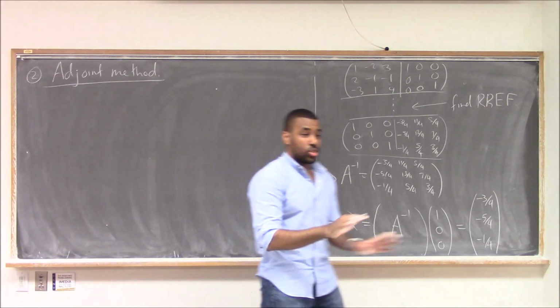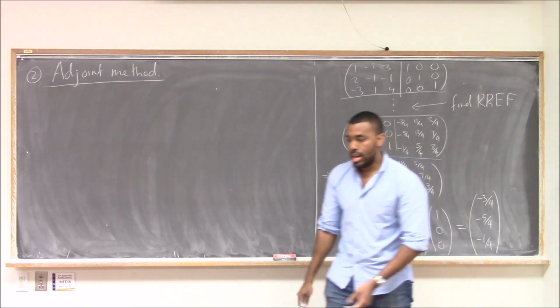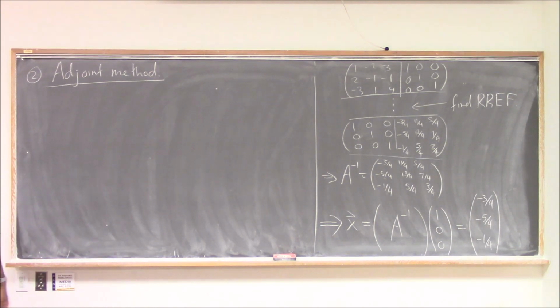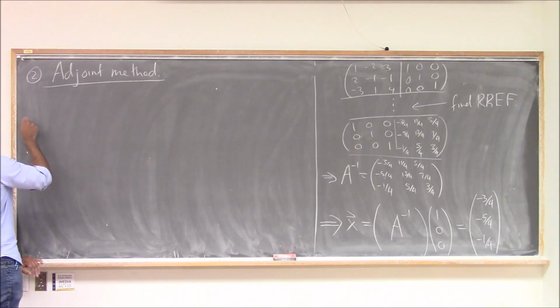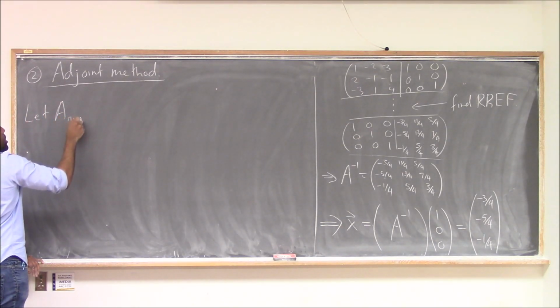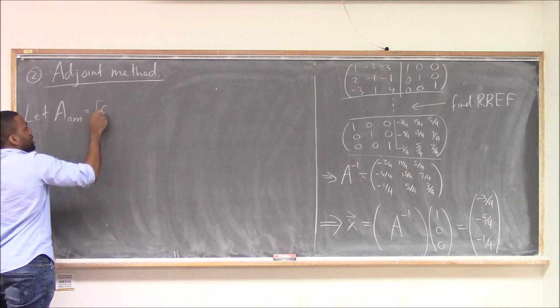So this method is strictly based on a formula, and to actually find it, I need to define some things in the formula. Let A be n by n, let's say I can describe this as Aij.